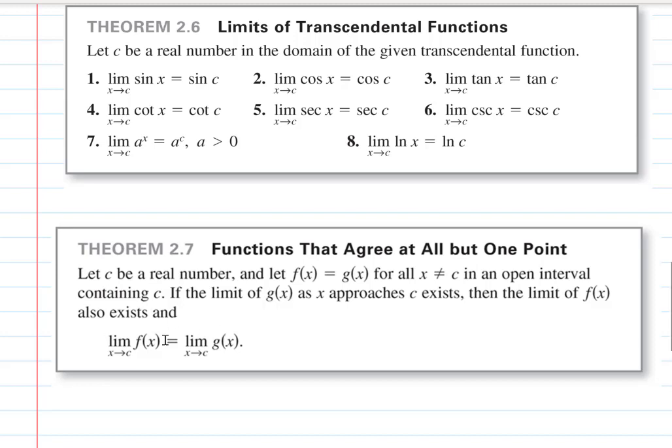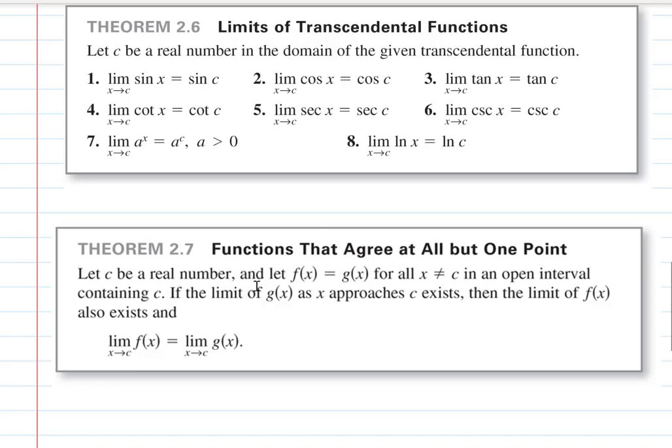So that's basically what this is saying. And we determined that even if there's a hole there, the limit still exists. As a matter of fact, it exists because you're constantly getting closer and closer to that hole. So there's a value there, but it's not defined on the function, or it may be defined somewhere else.